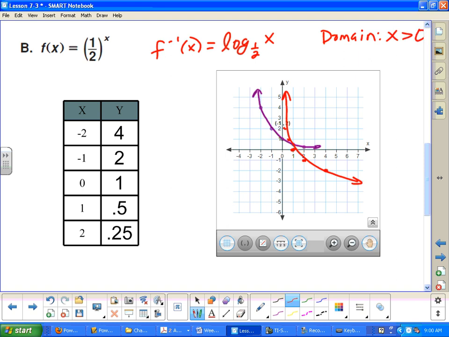Okay, we can see where this graph goes. We have an asymptote there. Everybody knows what an asymptote is, right? Means the graph gets closer and closer to it, but never actually touches it. Yep. Okay, and then the range is all real numbers. Domain, x is greater than 0. Range, all real numbers.